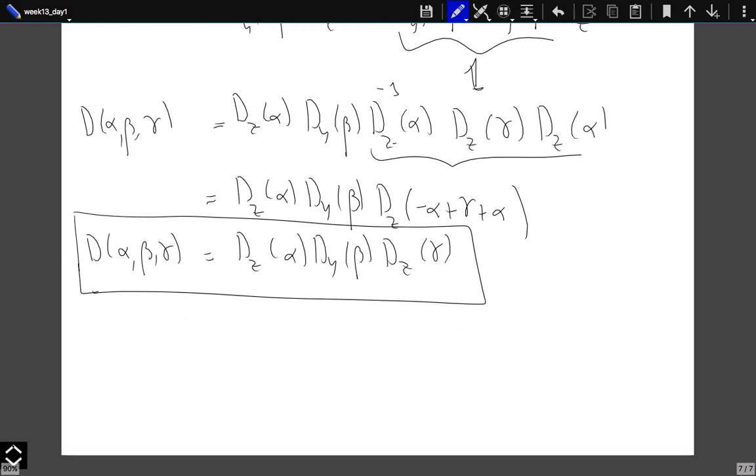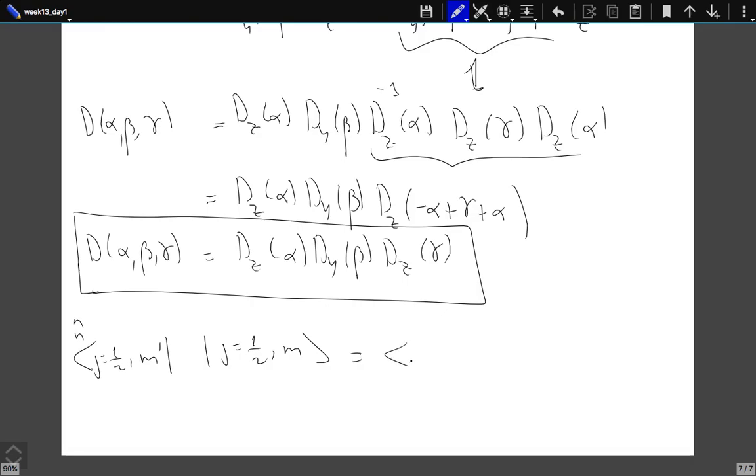So if you want to calculate, for example, any matrix element, let's say J is equal to 1 over 2 m, J is equal to 1 over 2 m prime, but of course this is in an arbitrary direction.